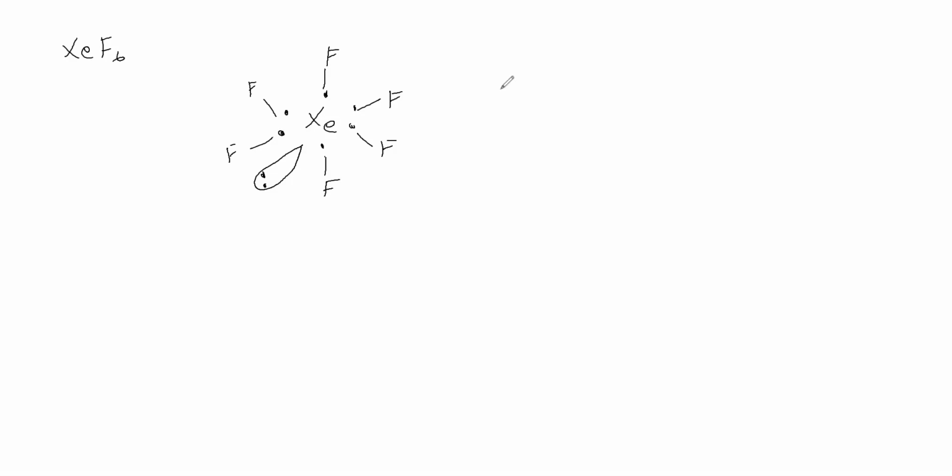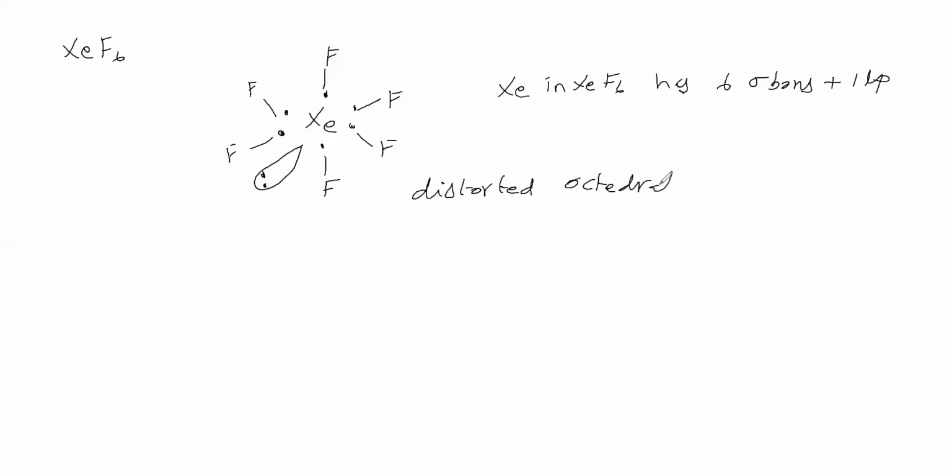Now xenon in XeF6 has 6 sigma bonds and 1 lone pair. Therefore, it is an electron-rich molecule, we can say. The shape is distorted octahedral, we can say.